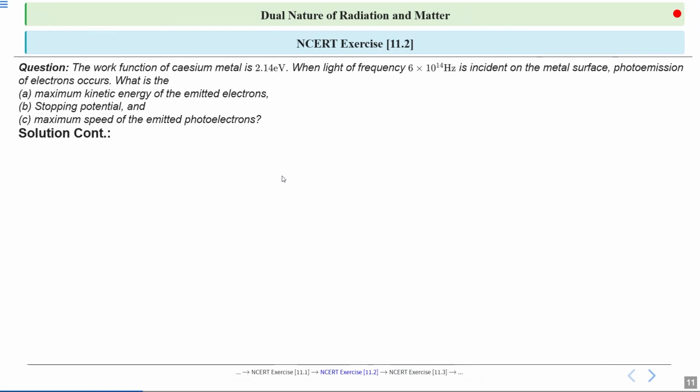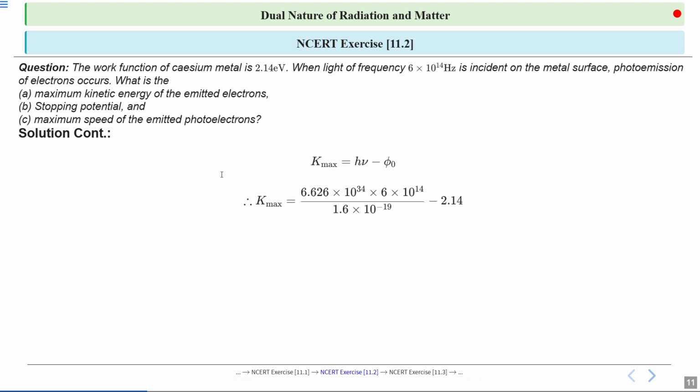Now first, we know the maximum kinetic energy is equal to h nu minus phi naught. So substitute the given values into the formula and solve it. You will get the value of Kmax.